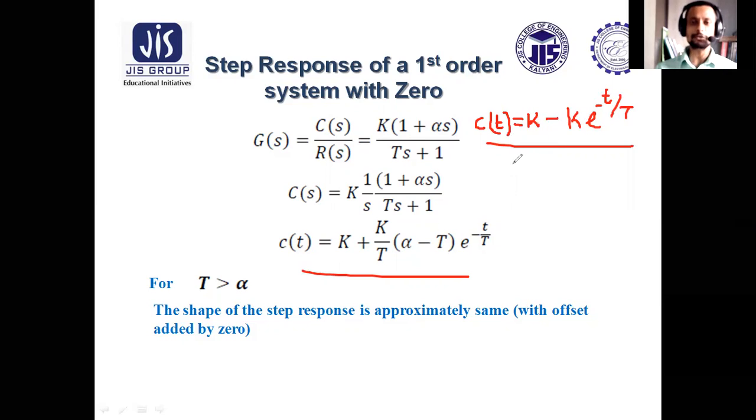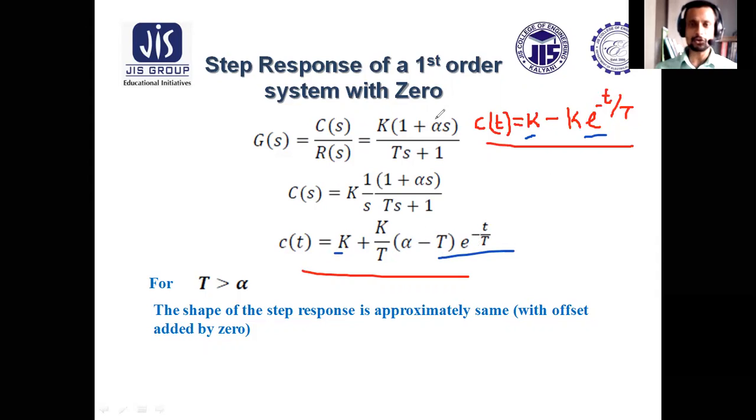So what's the difference between these two? If we differentiate these two equations, then we can understand the effect of the 0 on the system response. See, this K term is there. And what about this part? See, K by T minus K by T, the T will be cancelled, so minus K e to the power minus t by T. This term is also there.